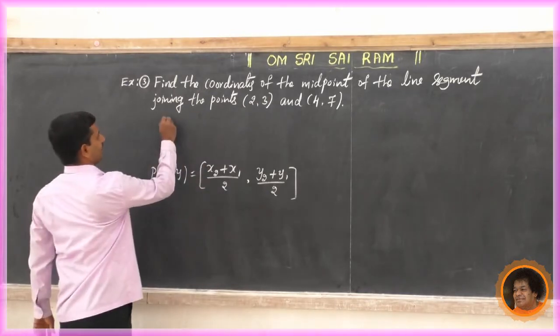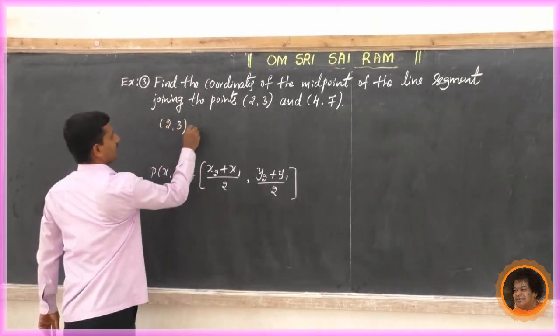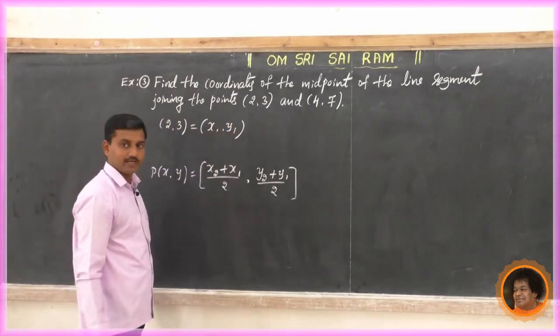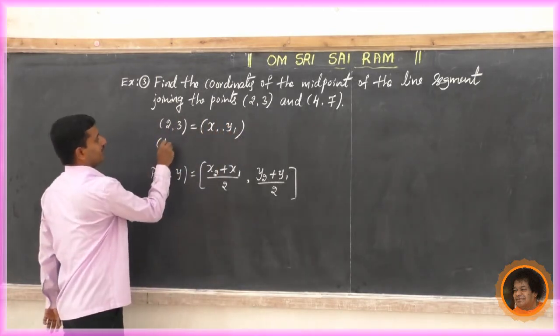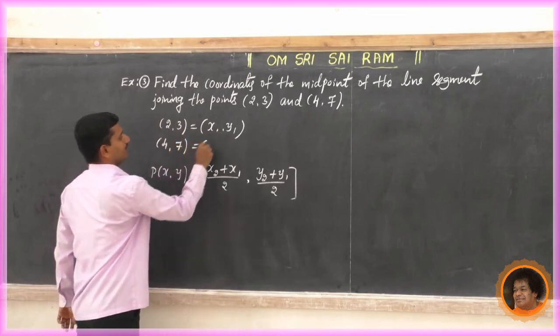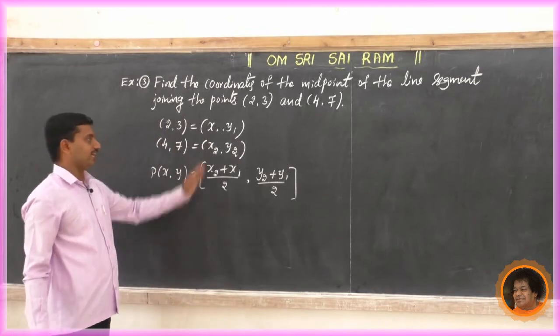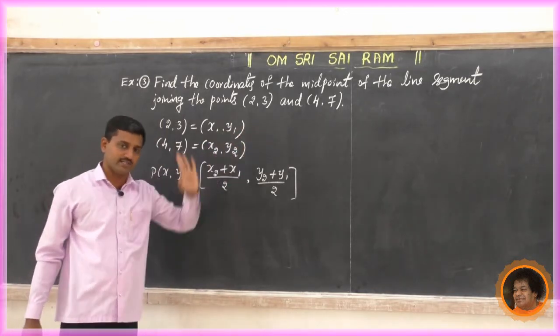So find the coordinates of the midpoint of the line segment joining the points 2, 3 and 4, 7. So the first coordinate 2, 3. Let us consider this is (x1, y1), first coordinate, and the second coordinate, that is 4, 7, that is (x2, y2). (x1, y1) and (x2, y2) are any two points on the Cartesian system.